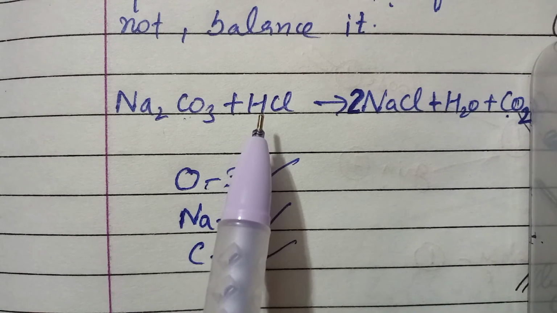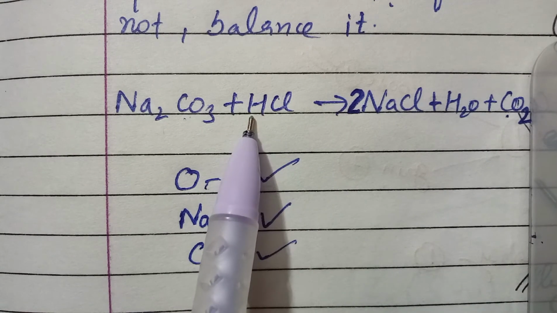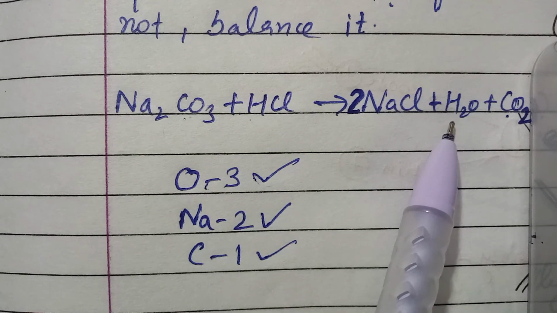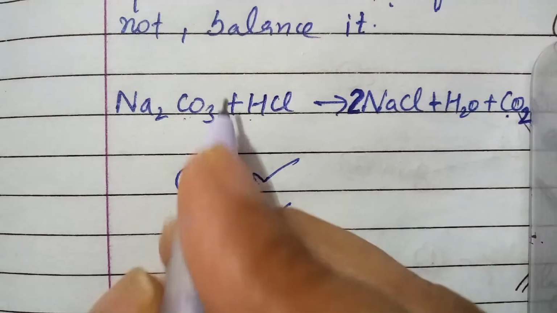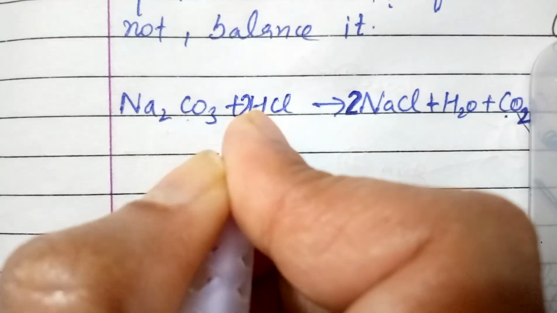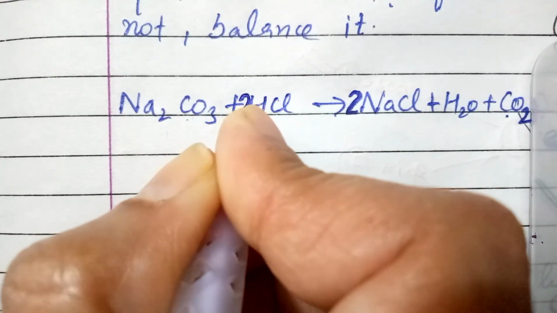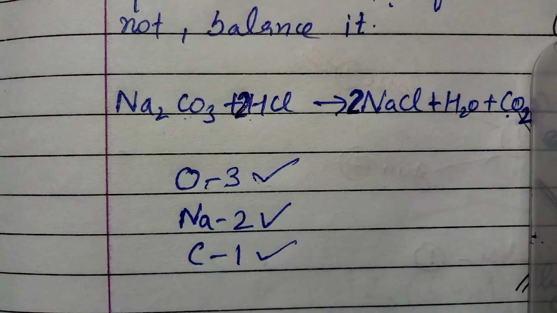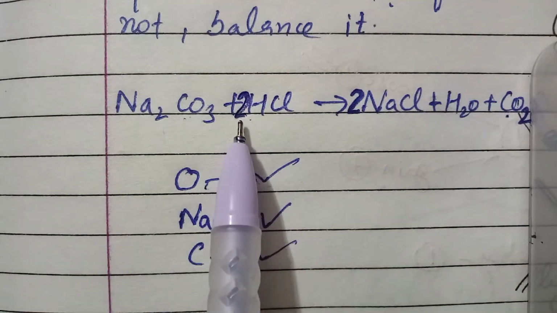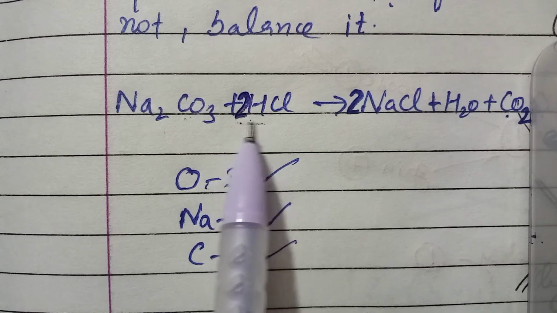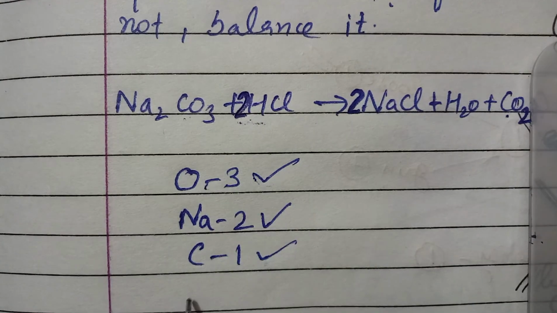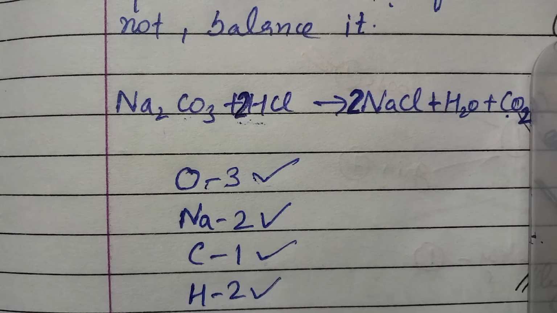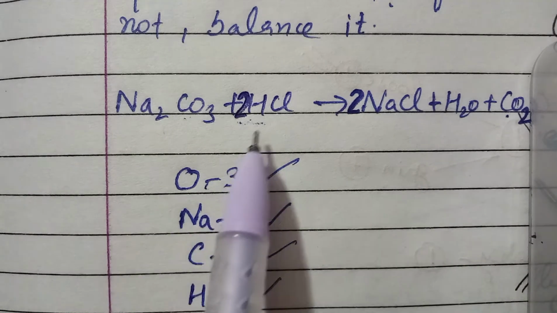Hydrogen is 1 on the reactant side but 2 on the product side. To balance it, I will put a coefficient 2 here. By doing so, my hydrogen got 2 on the reactant side also. Hydrogen also got balanced.